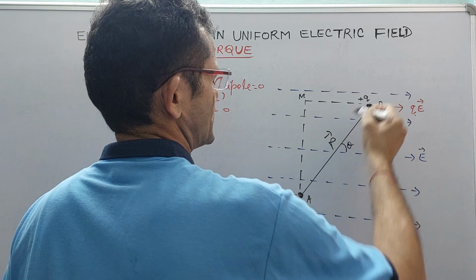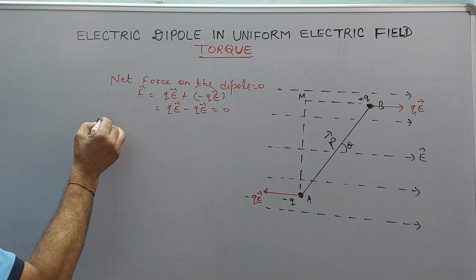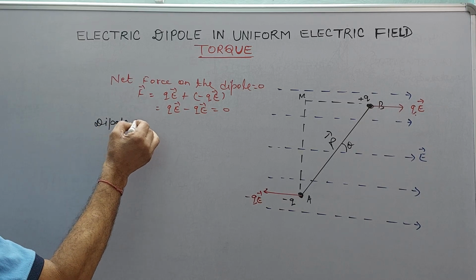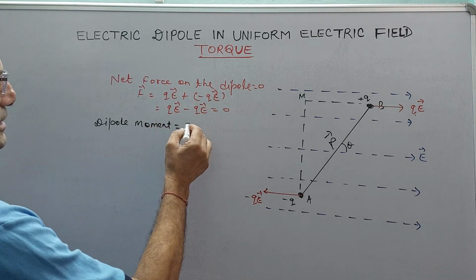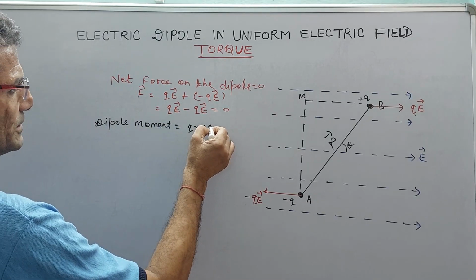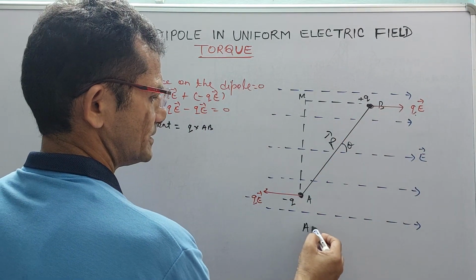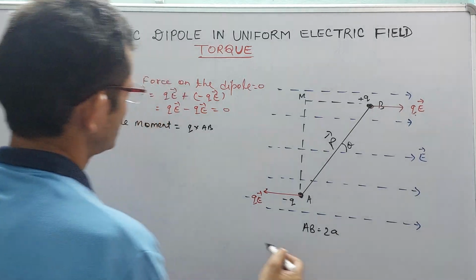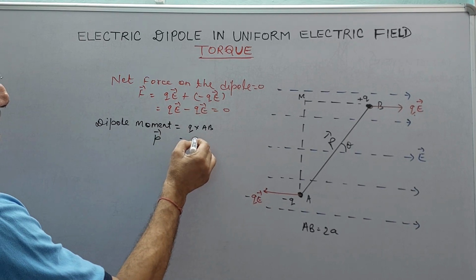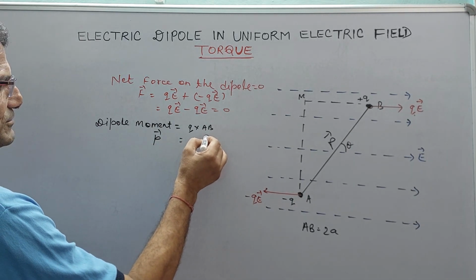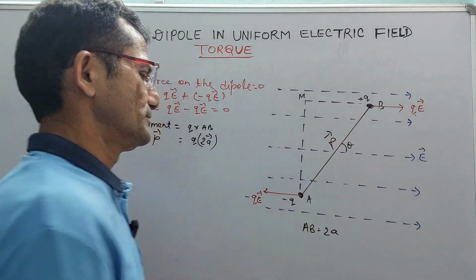The dipole moment axis is along this one, and we already know that the dipole moment is equal to q times AB. If I say that the distance between A and B is 2a, then the dipole moment, which we represent by vector p, is q times 2a vector. The direction of the 2a vector is from minus q to plus q.